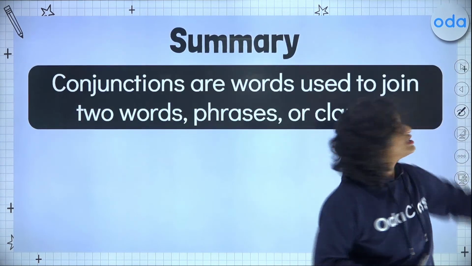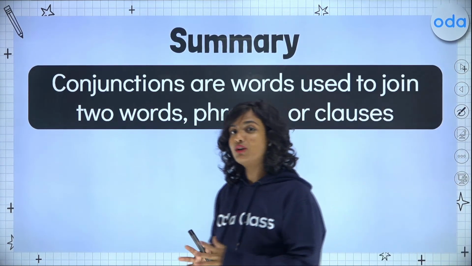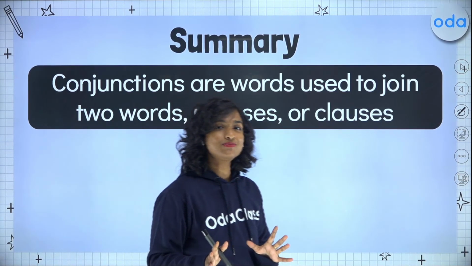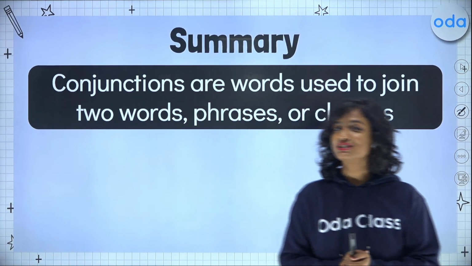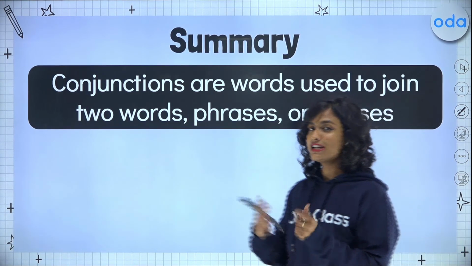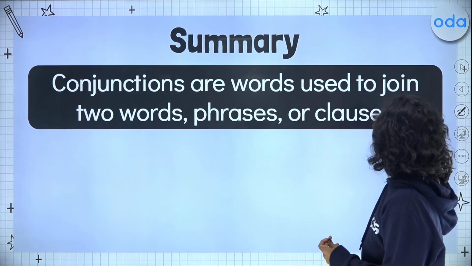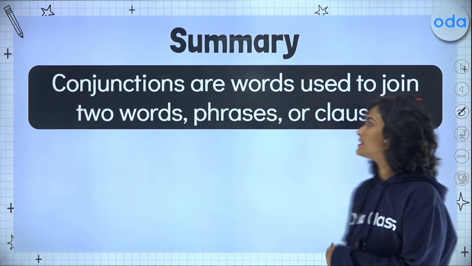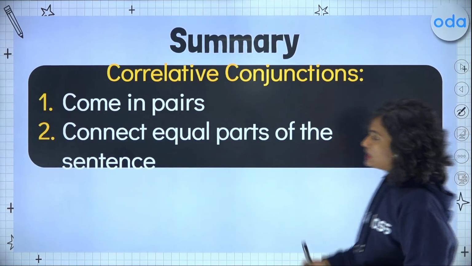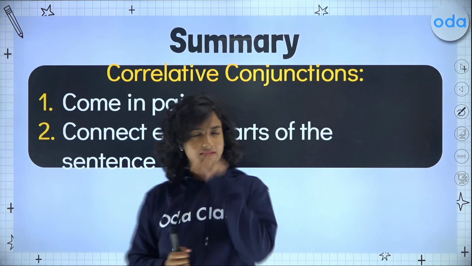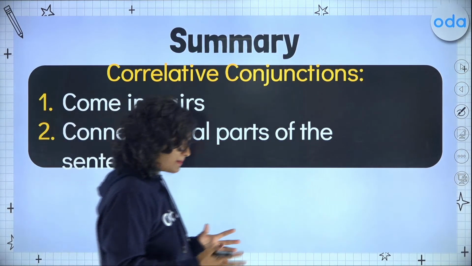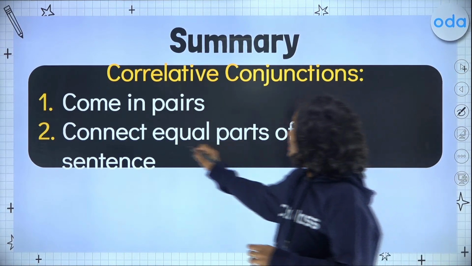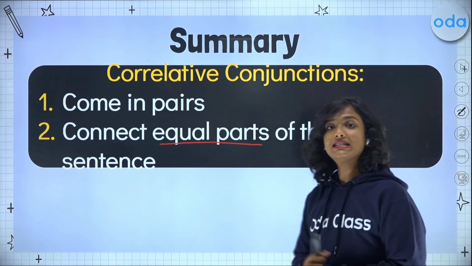And now, a quick summary of what we have done in today's lesson. We first talked about conjunctions. We continued the conversation from last week, and we learned that conjunctions are words that are used to join two words, phrases, or clauses. We learned about correlative conjunctions, which always come in pairs, and they are used to link or to join equal parts of the sentence.